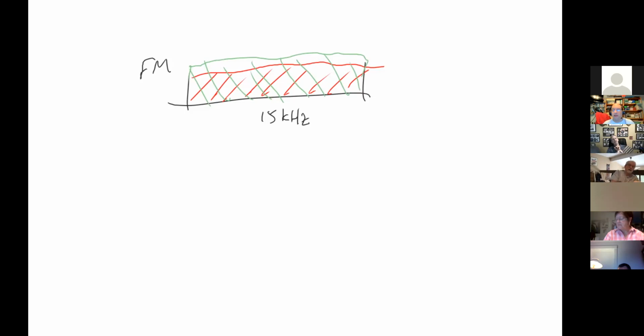A talk group on a DMR repeater basically says that if you want to operate as part of the green group, you would set up your radio to operate as the green channel. If you want to operate in the red channel, you would set up your radio to operate as part of the red channel. So you'd set up your radio to operate as part of what's known as a talk group.